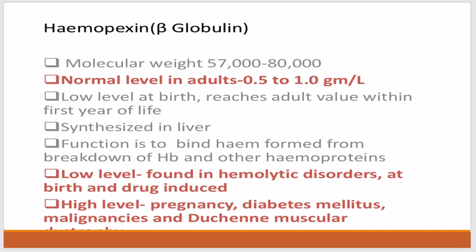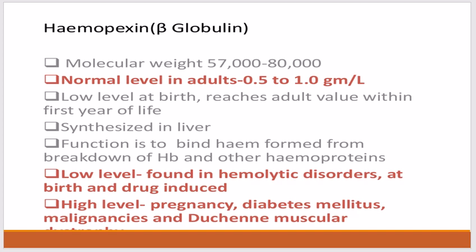The next beta globulin is the hemopexin. Its molecular weight ranges from 57,000 to 80,000, and the normal level in adults is 0.5 to 1 gram per liter. The low levels are present at birth, and it reaches adult value within the first year of life.